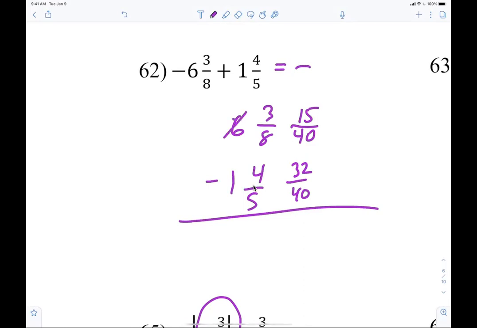The 6 becomes a what? 5. And then what do I do with these two numbers? You guys remember? What do you do? That is correct. It becomes 55. You're adding 1 to 15/40.